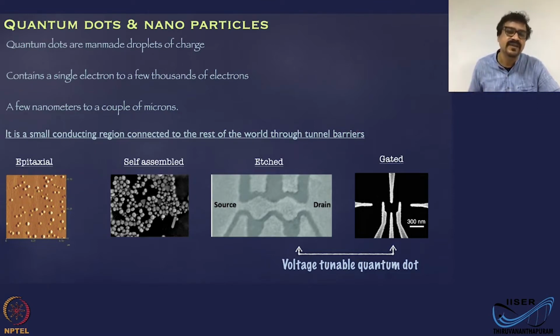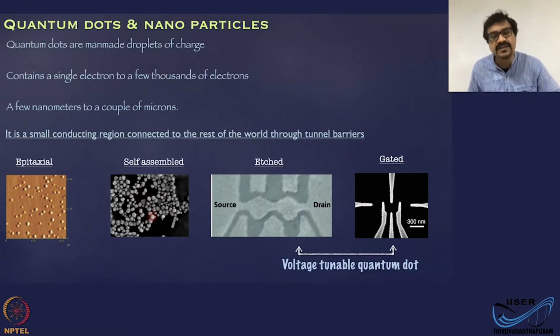If you look at the literature, quantum dots are made by various methods. You can have epitaxial quantum dots, where small conducting regions are deposited on a certain substrate using epitaxial techniques such as molecular beam epitaxy or MOCVD.